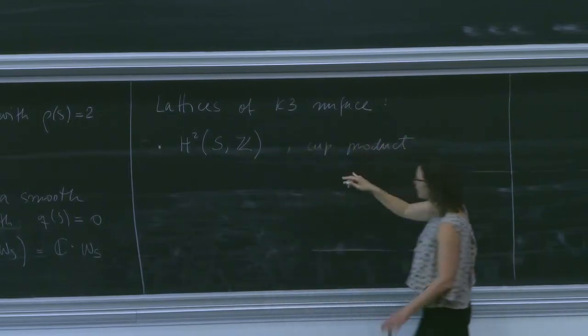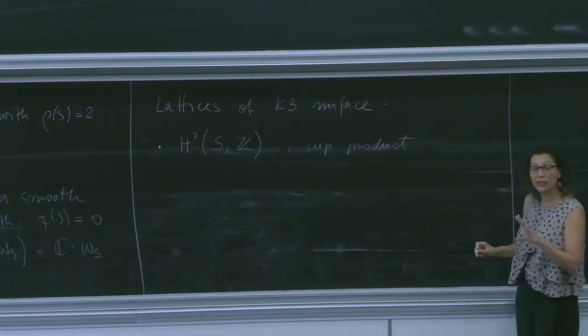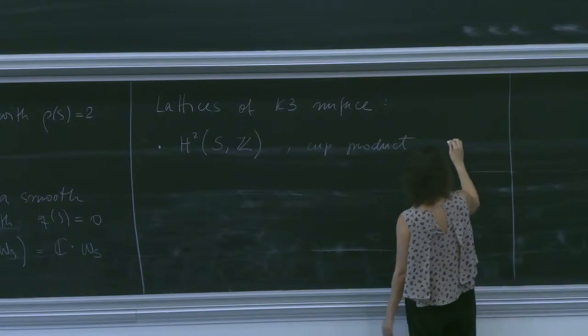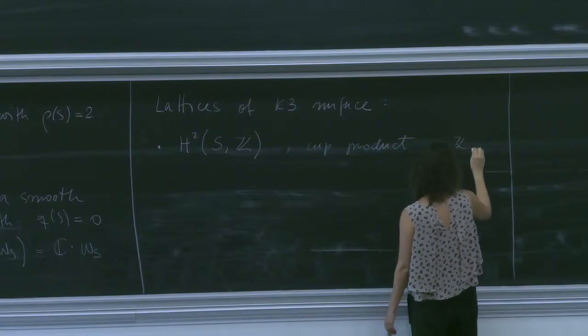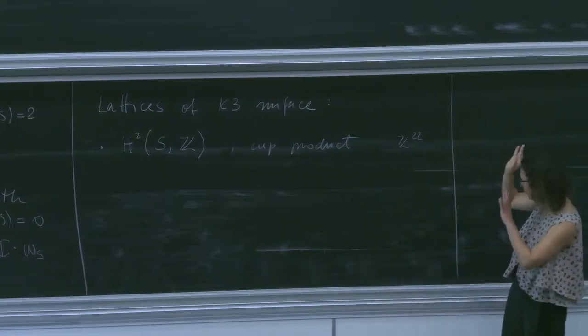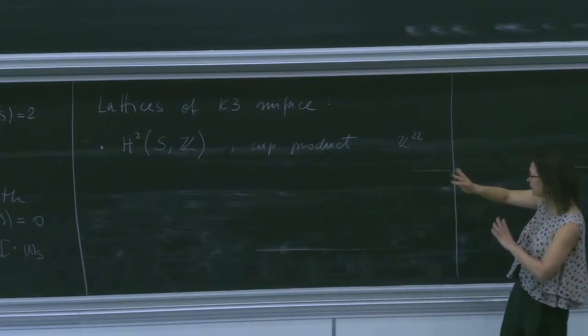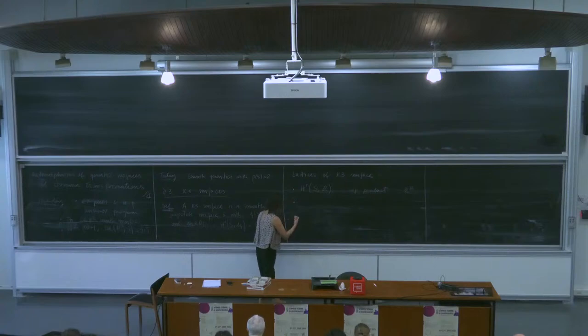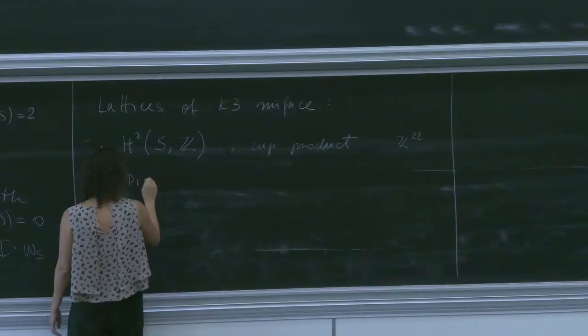So this is a very well-known lattice, so it does not depend on the surface. As a Z module, this is isomorphic to Z^22, so it's a lattice of rank 22, and it's the same for any S. Okay, and also now more algebraically, we can consider the Picard lattice.